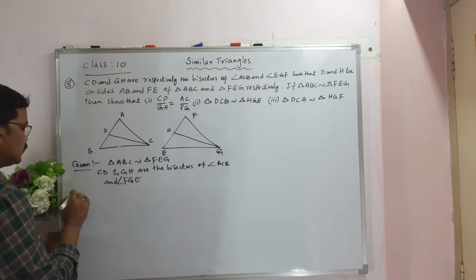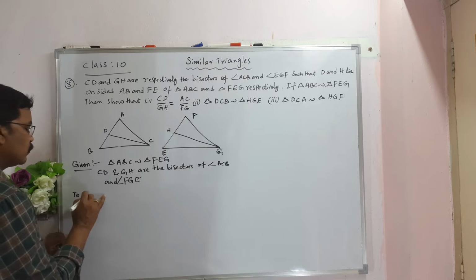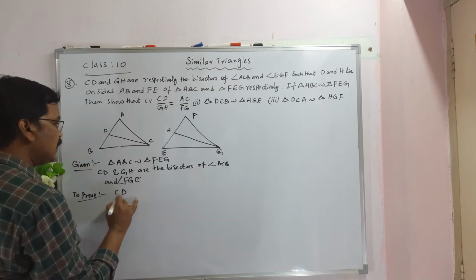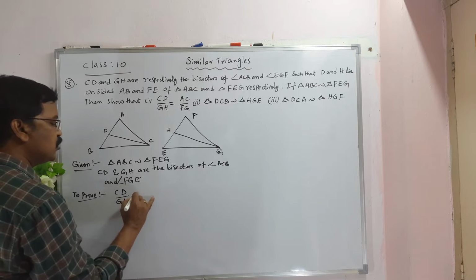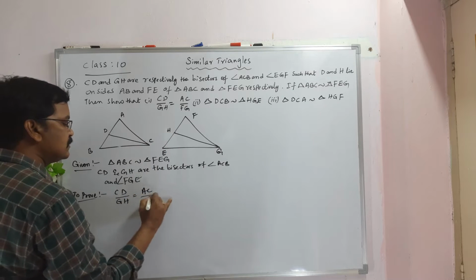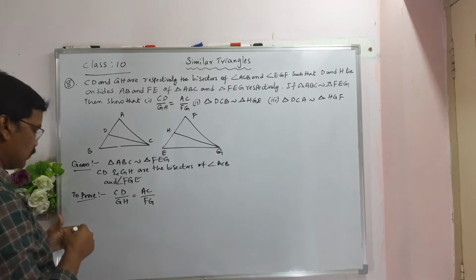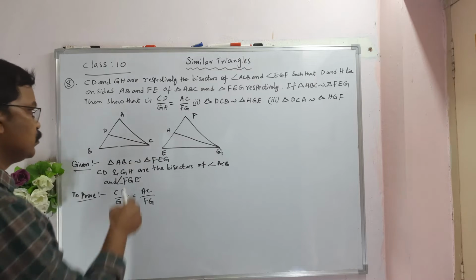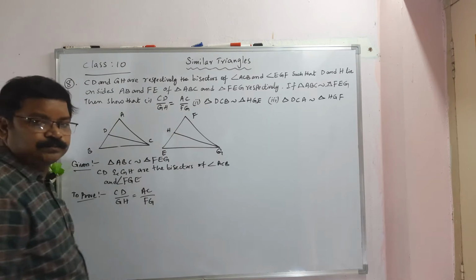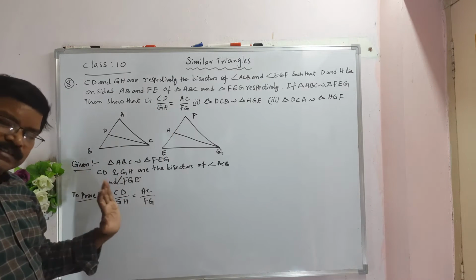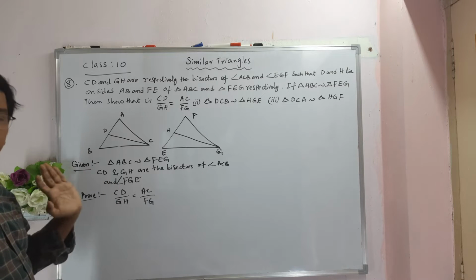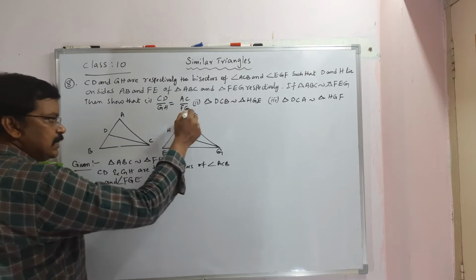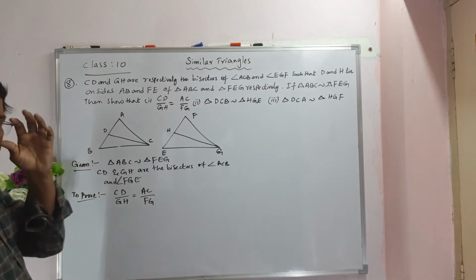What is to be proved here? To prove: CD by GH is equal to AC by FG. To prove this statement, it is enough to prove that triangle ACD and triangle FGH are similar to each other.